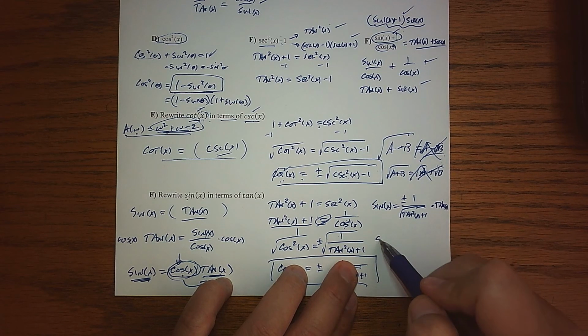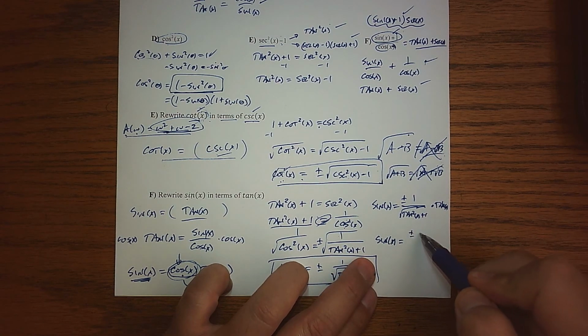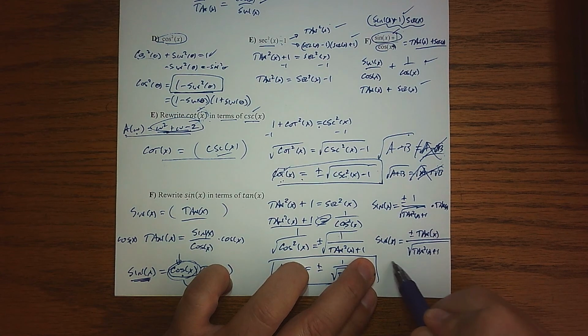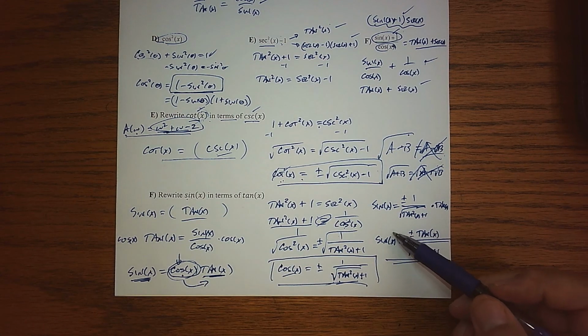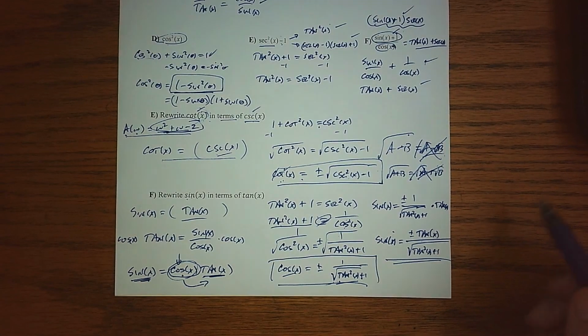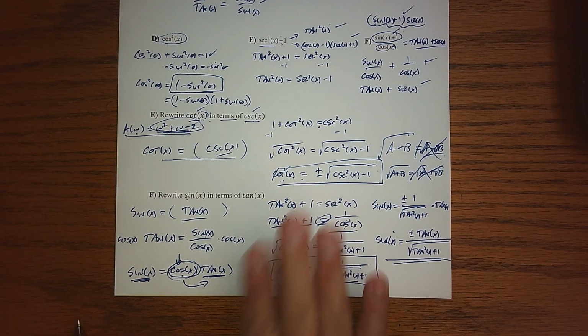Let me clean that up. The sine of x in terms of tangent is plus or minus the tangent of x, all divided by the square root of tangent squared x plus 1. Now I have my sine by itself, and on the other side we just have an expression of tangent. So that is the trick right there.